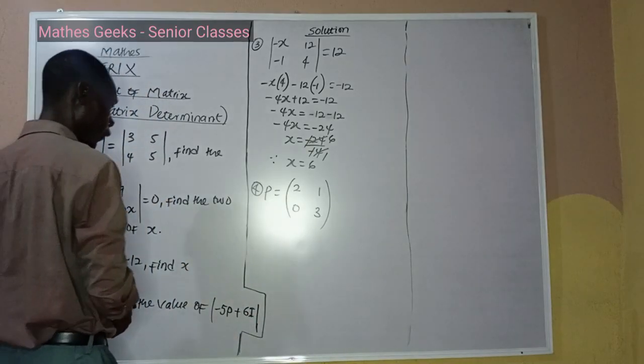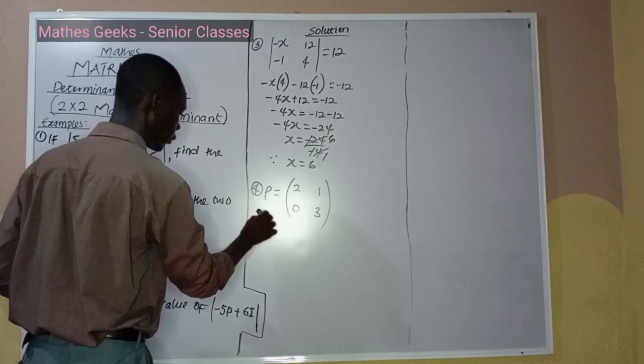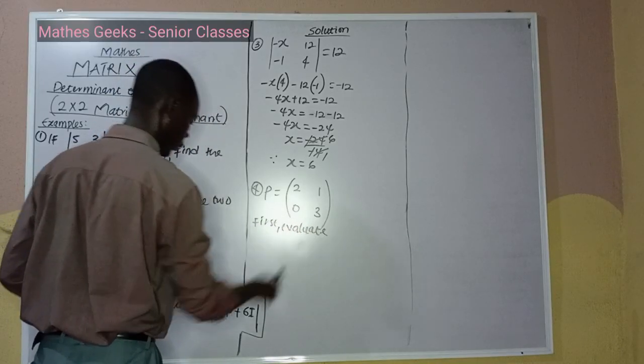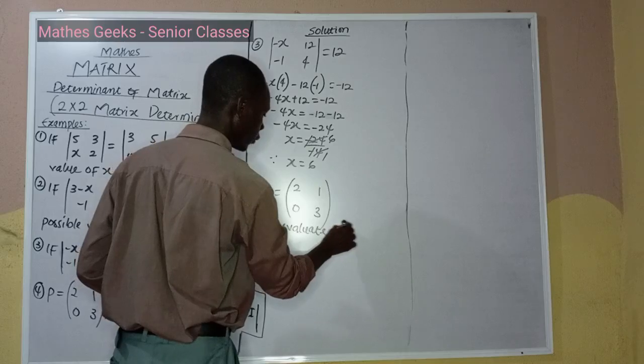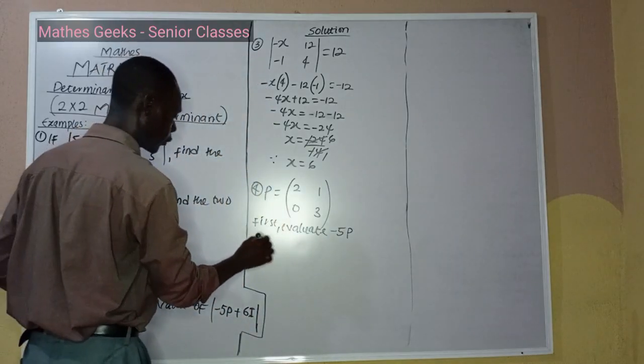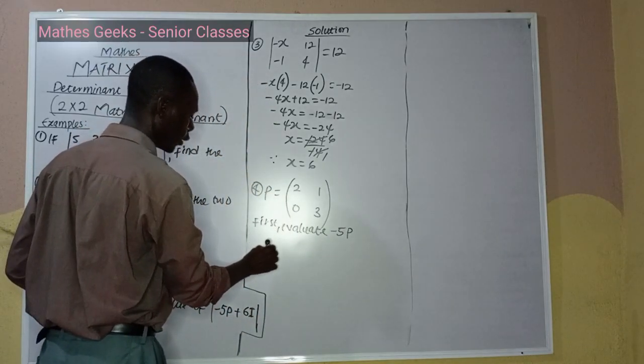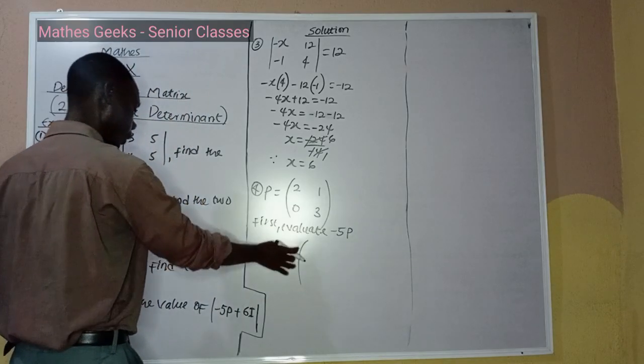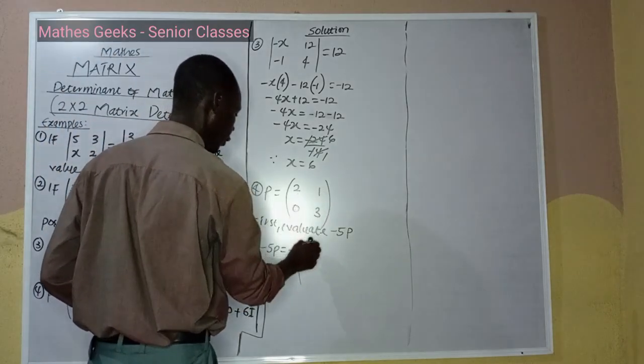So first of all, we're going to evaluate minus 5P. Given that P is this, minus 5P is equal to minus 5, which is a scalar multiplying matrix P.